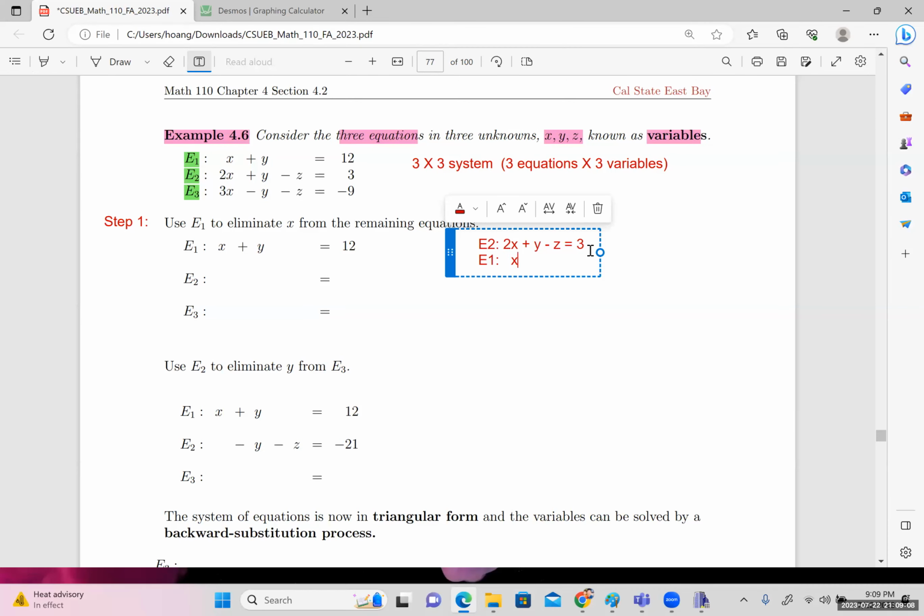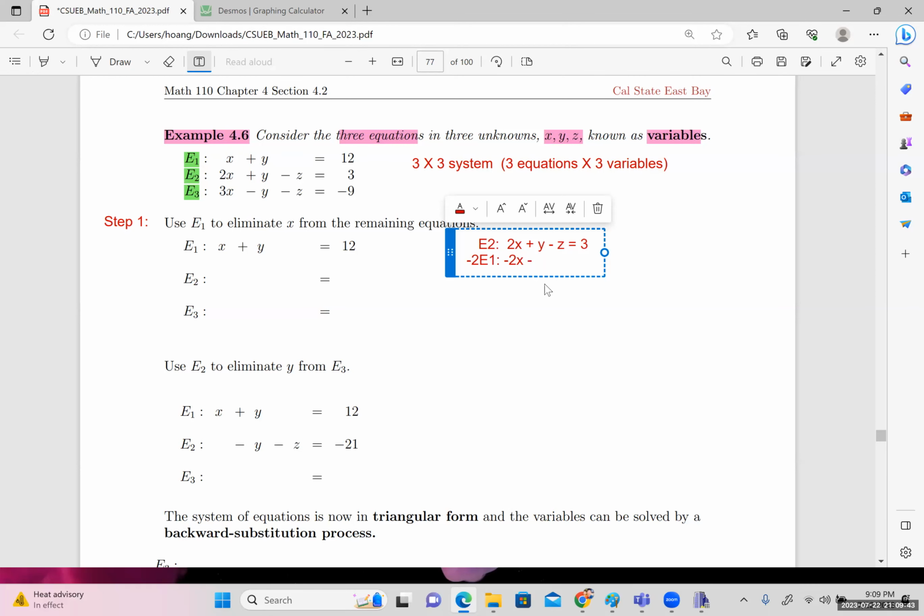You need to multiply a constant with x, so then later when you add them up, you will get no more x. So what do you think? -2, right? So -2 will need to multiply with E1. So then you will have -2 here, multiply with x. So then later you add this up together and make new equation 2 with no more x.